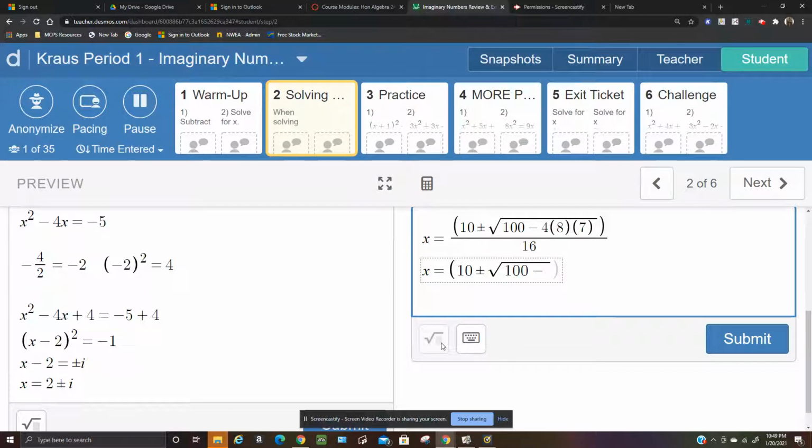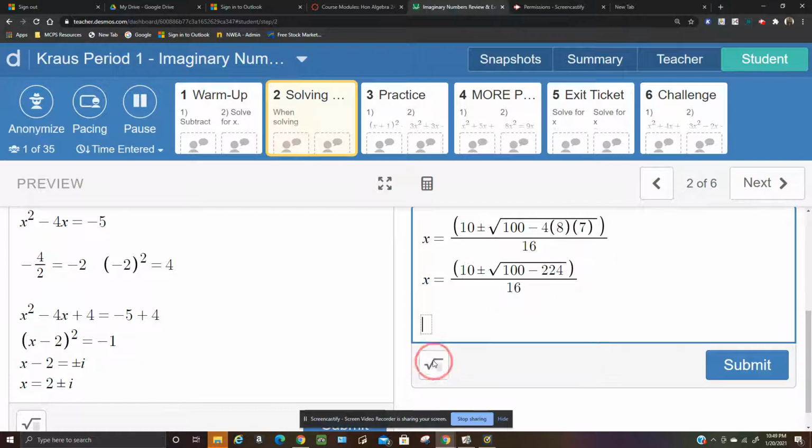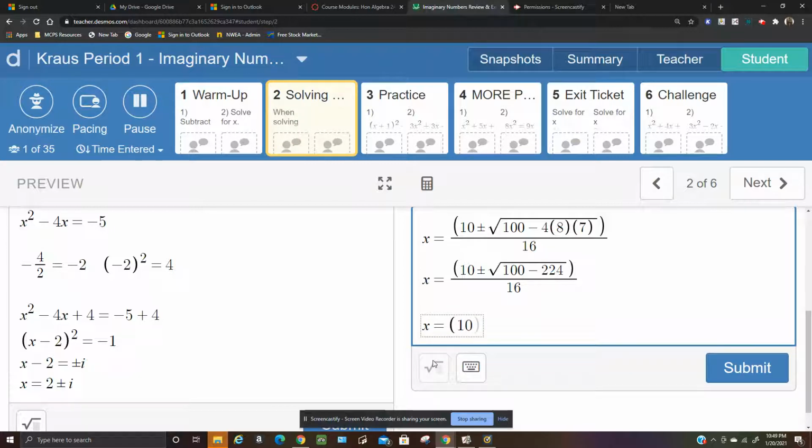32 times 7, 224. 100 minus 224 would be negative 124.